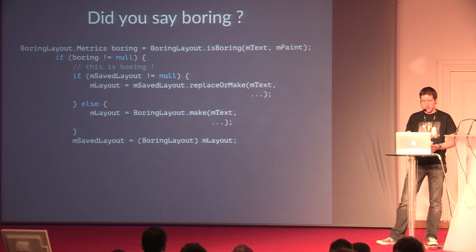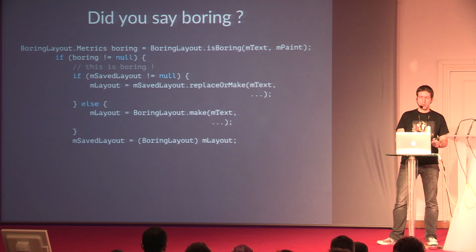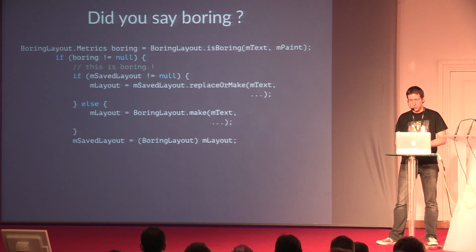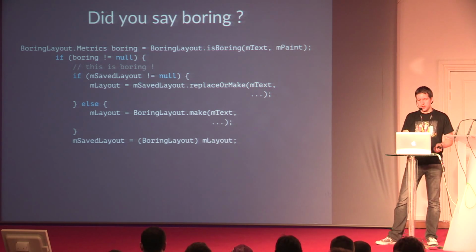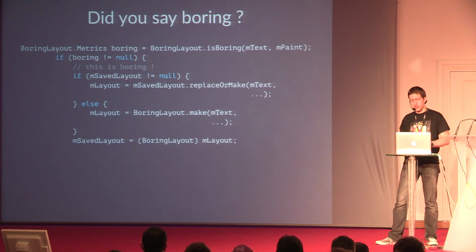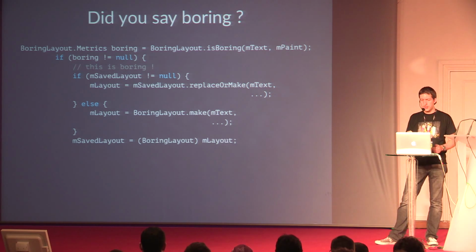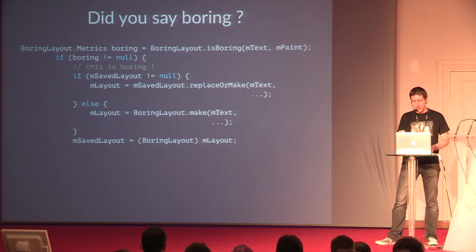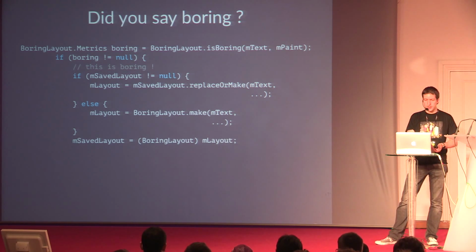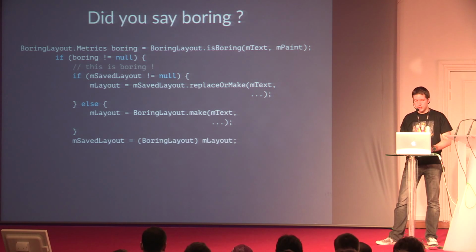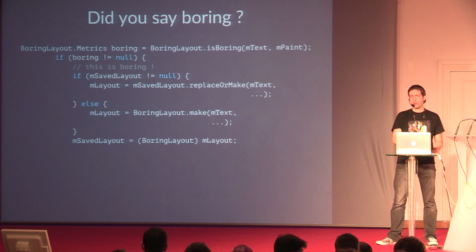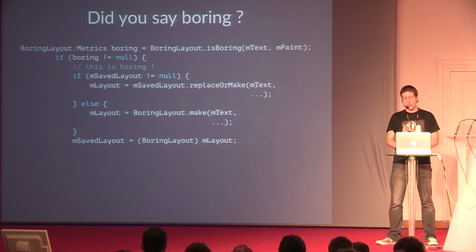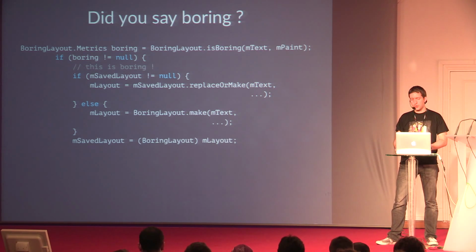If you want to write optimized code, you can't just call BoringLayout.make. You also need to keep the BoringLayout instance. That way, you can call replaceOrMake on this instance. It is simply a case of not allocating a new text.Layout if it is possible.